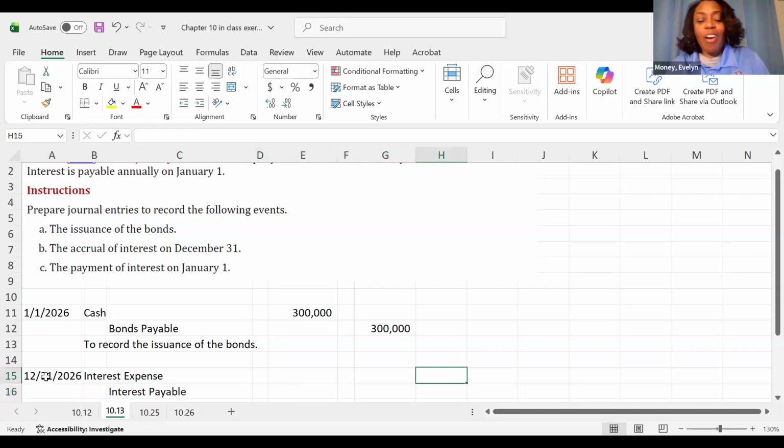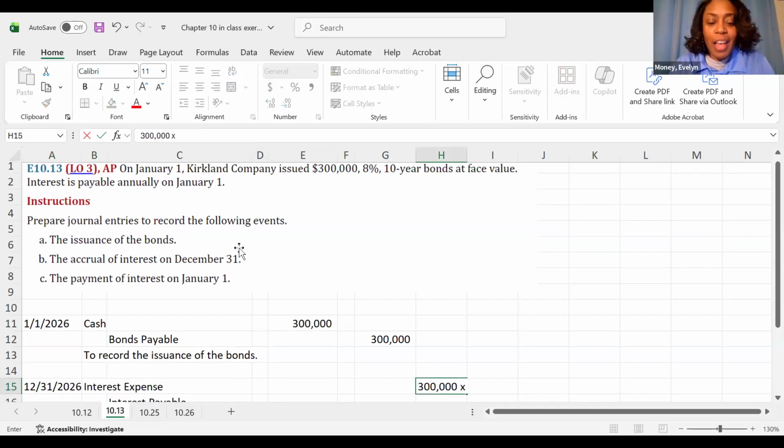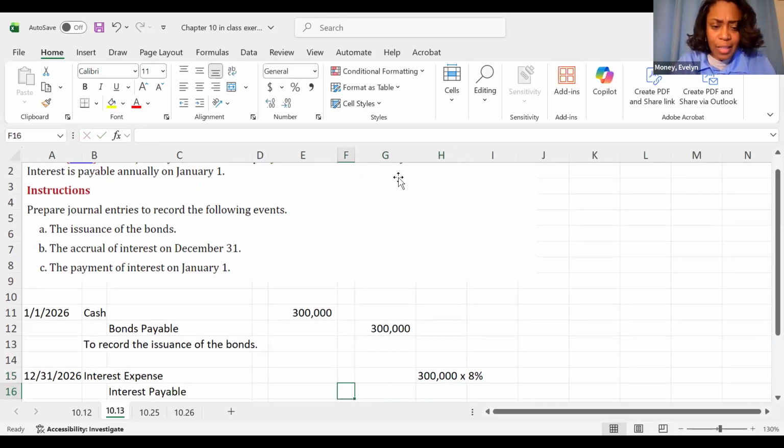We calculate our interest by taking the par value or face value of the bonds, and then we multiply it by 8%, the interest rate. And we're told that interest is payable annually, so we don't really need a fraction of the year. You can put 1/1, but I usually just leave it blank.